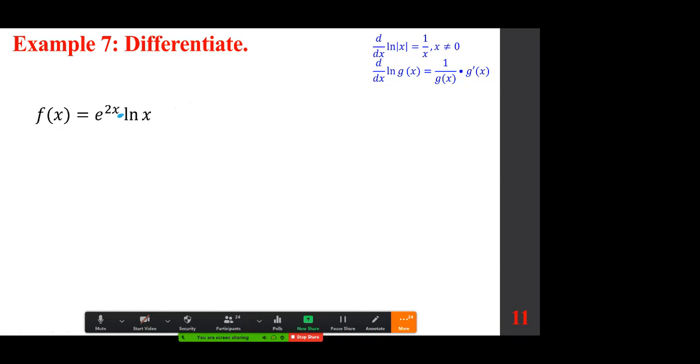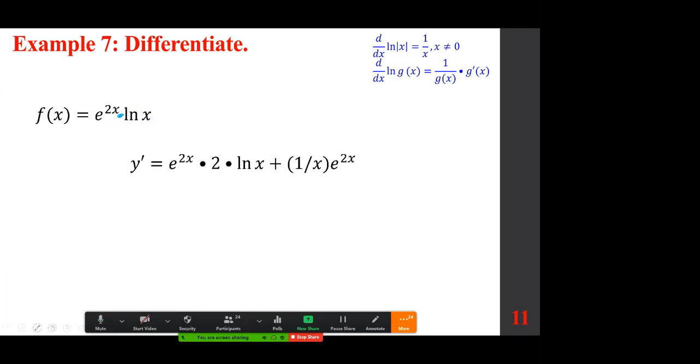Now, e to the power of 2x. The answer is itself, e to the power of 2x times 2. By the product rule, times ln x. ln x gives you 1 over x times e to the power of 2x.